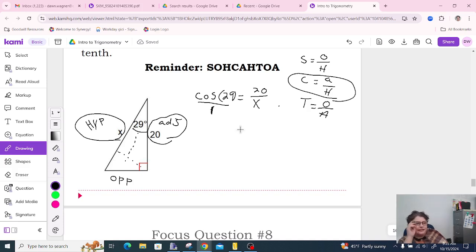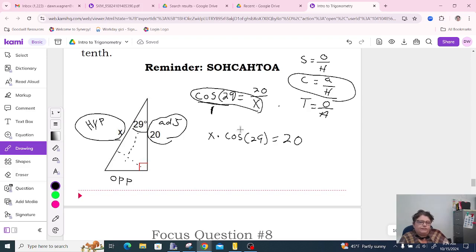Anytime your x is in the denominator, put a little star near this: when x is in the denominator, we end up using division. When x is in the numerator, we end up multiplying. But I'm going to show you why. When I cross multiply here, I get x times cosine 29 equals 20.